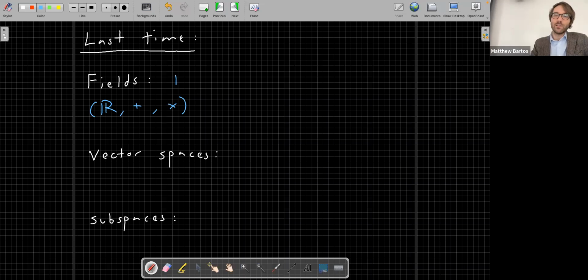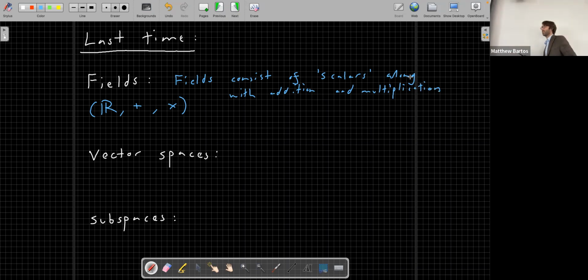So fields consist of scalars along with addition and multiplication. Okay, and this addition and multiplication operation might be slightly different than the conventional description of addition or multiplication that you may be familiar with.